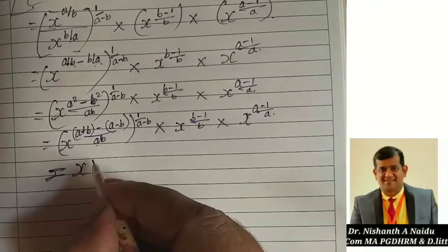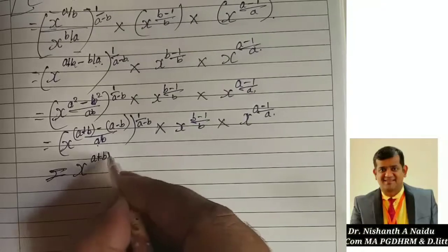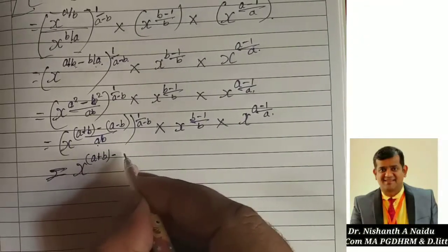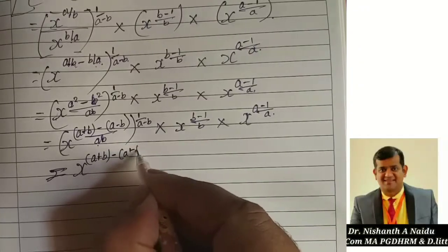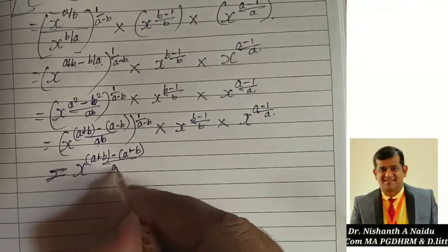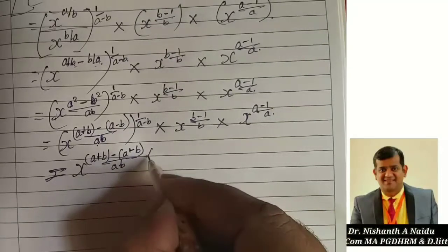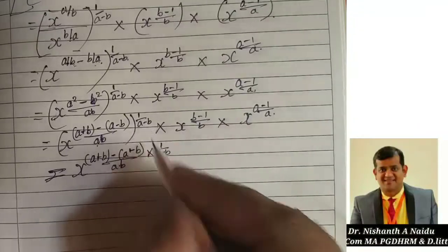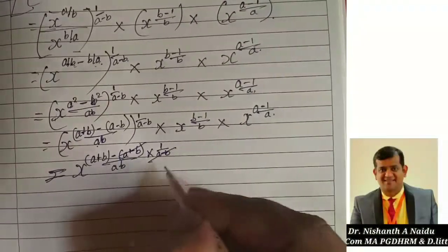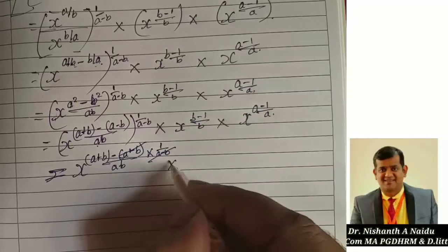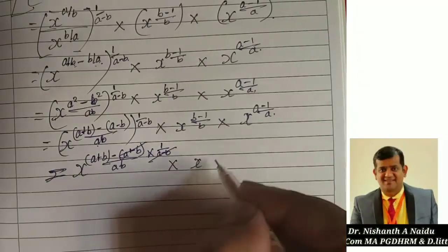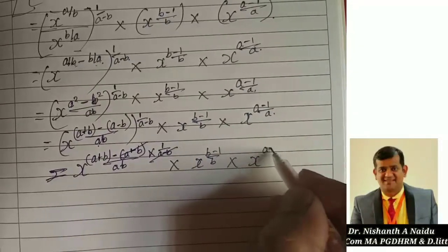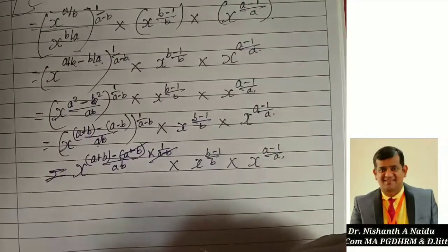X to the power a plus b, minus a minus b, divided by ab, into 1 divided by a minus b, this one. So a minus b got cancelled, into left out x to the power b minus 1 divided by b, into x to the power a minus 1 divided by a.